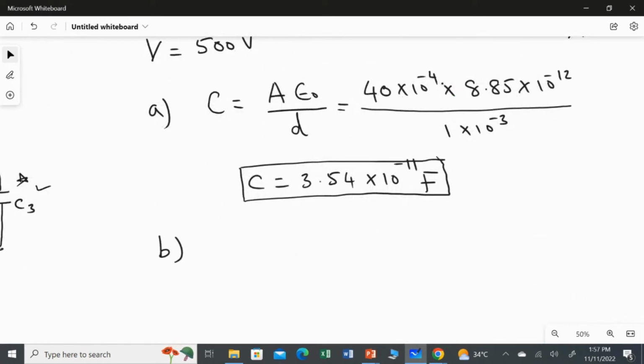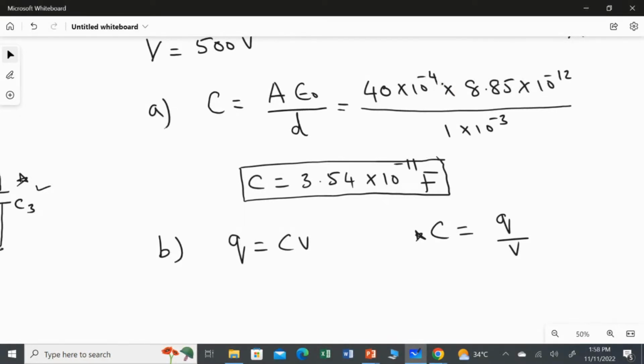To find the charge, if you rearrange this equation, Q is equal to C multiplied by V, where the C value we already found in the first part.